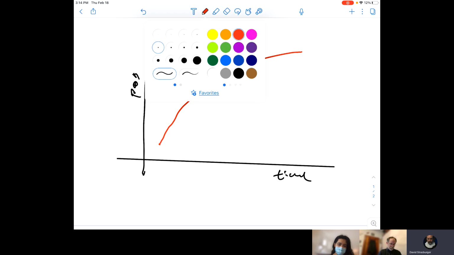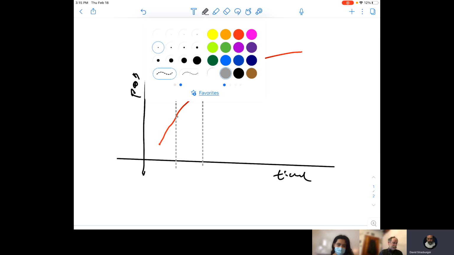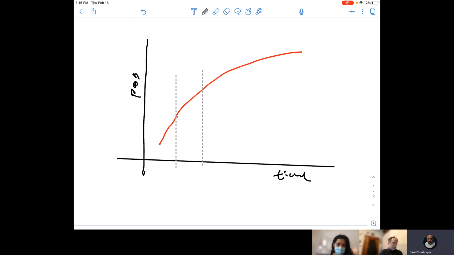And now, once again, we're going to say, all right, here's a little chunk of time. And we can see how much the position changes during that time, right? It goes from here to here. That's how much the position changes.